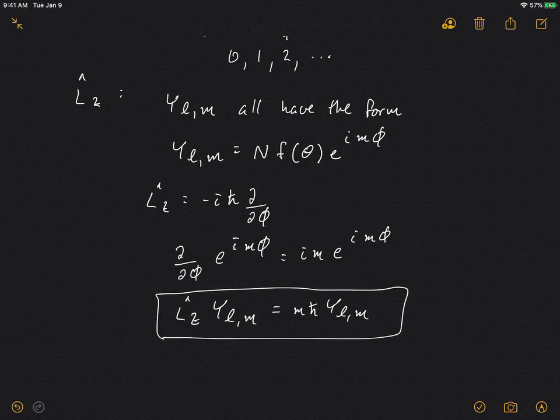So when we're tasked with some problem involving an expectation value of a YLM, or maybe a linear combination of YLMs, you would distribute the LZ operator over that linear combination, or if it's not a linear combination, just act it on the YLM in question, and it will give you m h bar.